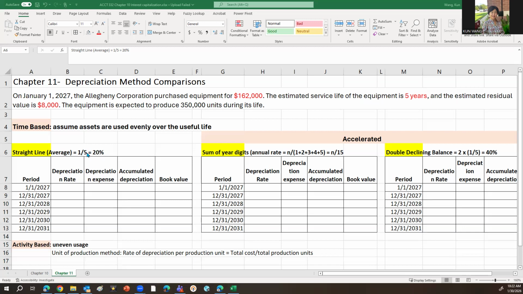If you do monthly depreciation, you can use 1 divided by 60, all of the months over 5 years, right? So it depends on the period you choose to do the calculations. I'm doing yearly depreciation, so the depreciation rate will be the same for each of the years. I will put 0.2.